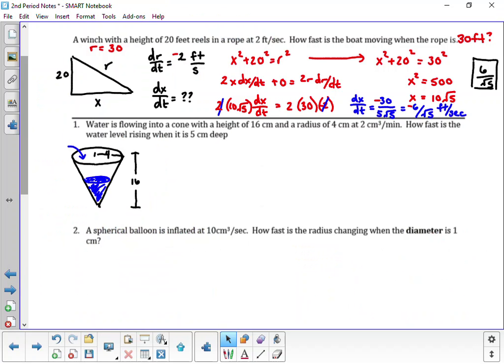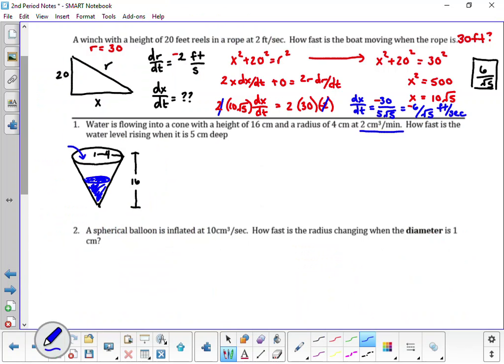Let's first label our variables. My height and my radius are both changing, right? So the original height is 16 and the radius is 4, but my water is changing. What's this 2 centimeters cubed per minute? That's the rate of the volume, right?